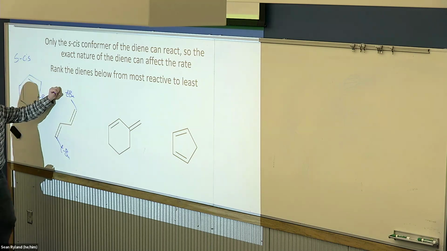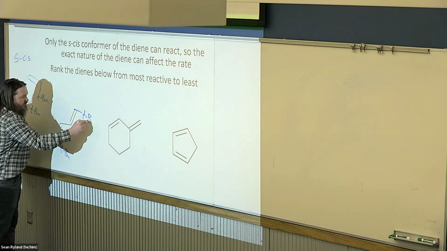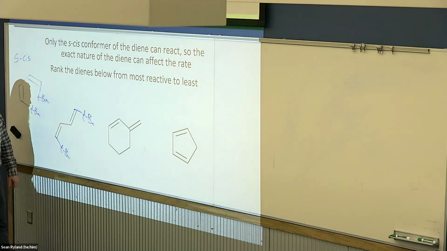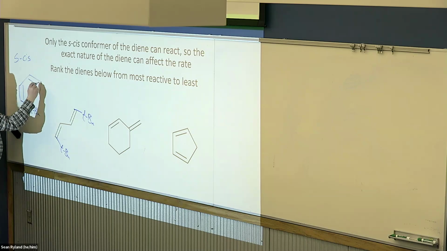And we could do the opposite as well. If we actually put the other T-butyl group here, they're not gonna interact that much, but they definitely are going to be able to be further apart from each other if we put it in the S-cis conformation.